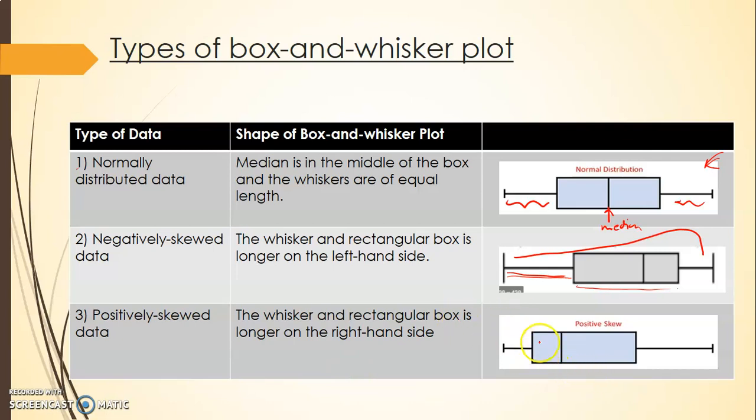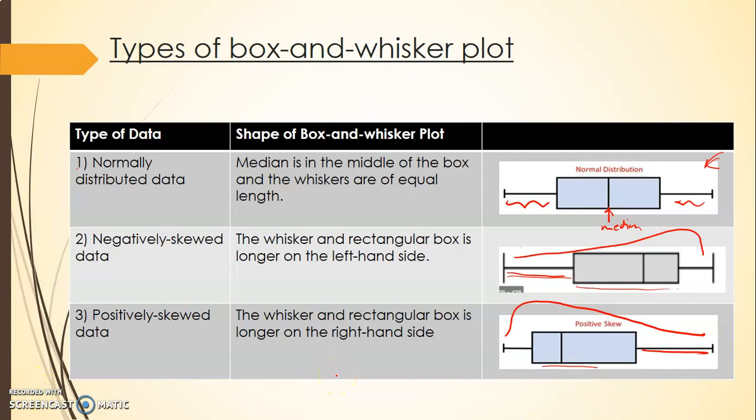So in this illustration here, the whisker and the box are longer on the right hand side. So your data is skewed to the right, and we can say that the data distribution is positively skewed.